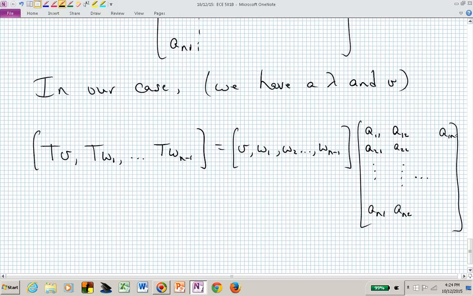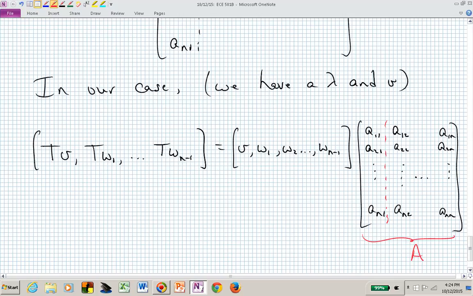This is A1N, A2N, ANN. This is our A matrix, and before we hadn't explicitly identified what those second column through the last column of that A matrix were. We just had it as an asterisk.